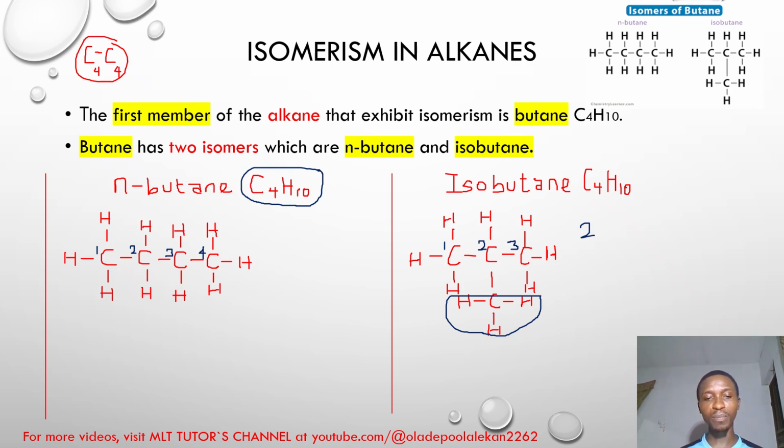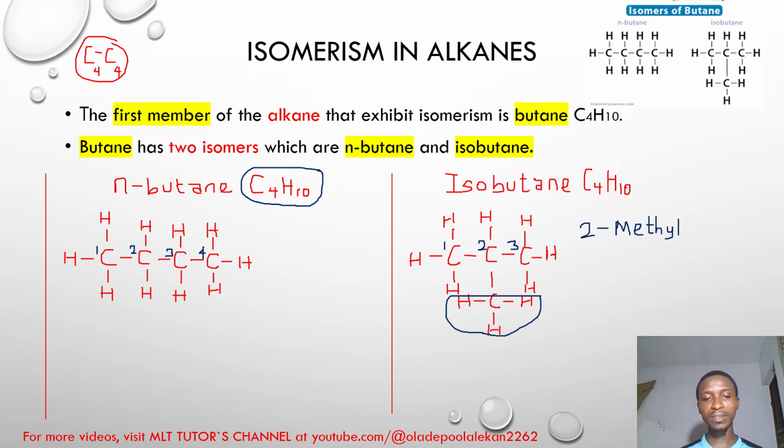Then where we have the branch, what functional group is this? This is alkyl, and precisely this is methyl, CH3. So that will be 2-methyl. 2-methyl what?